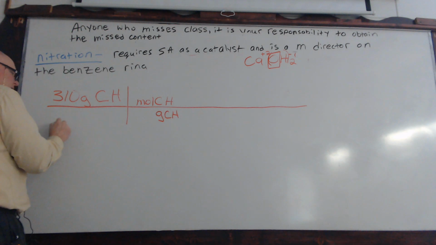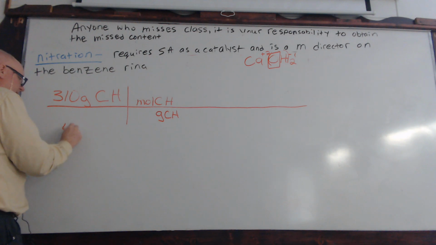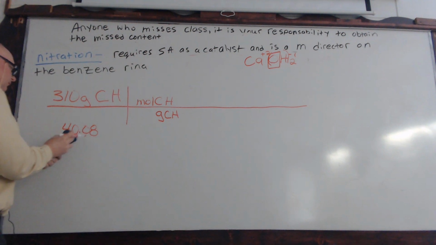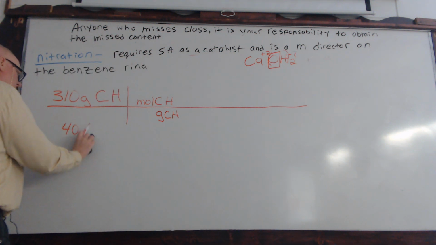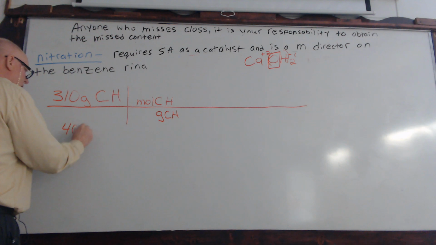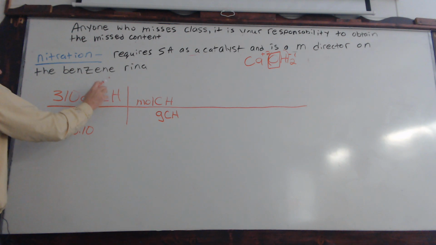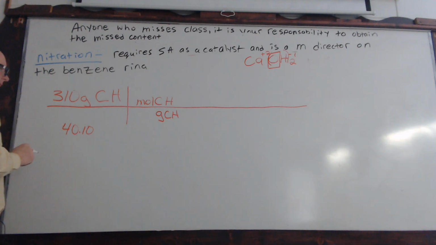So we must be putting a number here, which would be correct. The atomic mass for calcium is what, about 40? 40.1. Okay, then how many calciums do we have? 1. Okay. So oxygen 16, right?